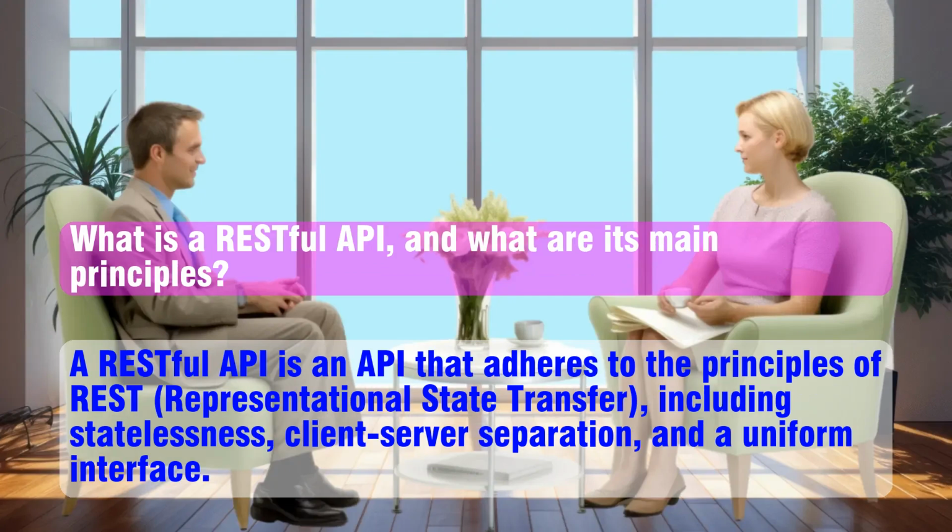What is a RESTful API, and what are its main principles? A RESTful API is an API that adheres to the principles of REST, representational state transfer, including statelessness, client-server separation, and a uniform interface.